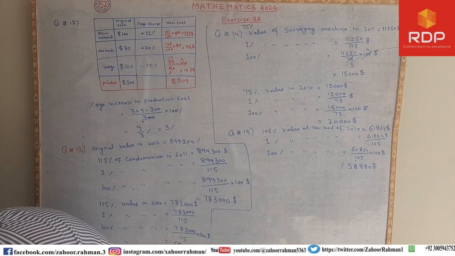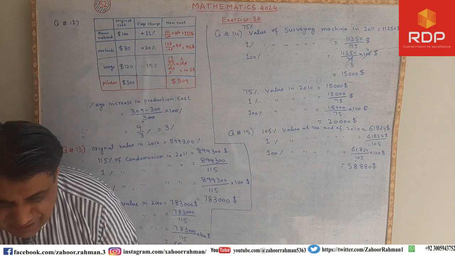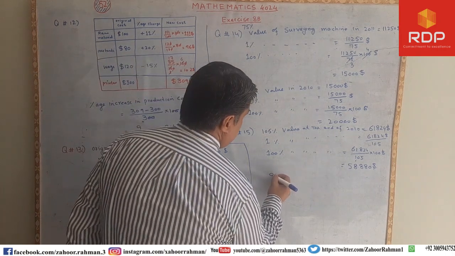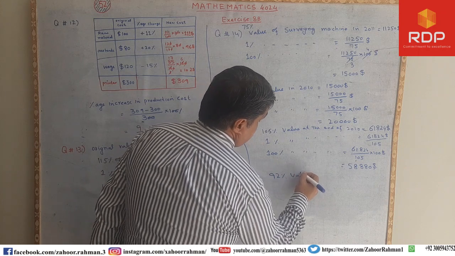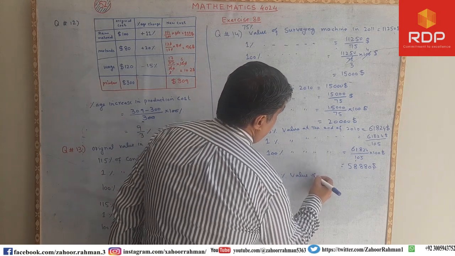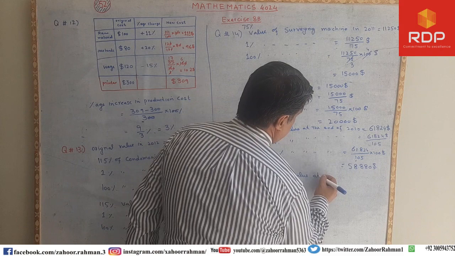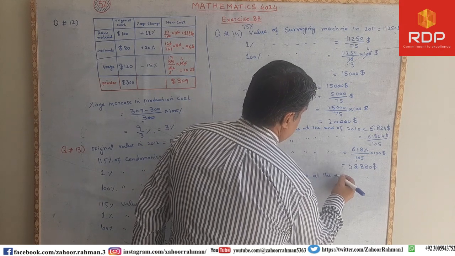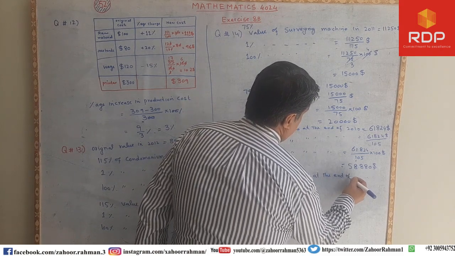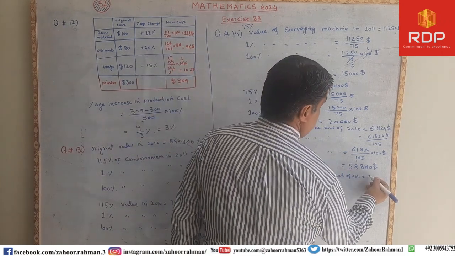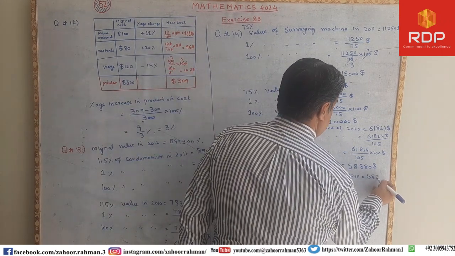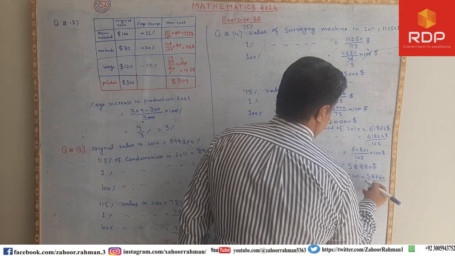So it is saying that 92%, because of the 8% decrease, the 92% value at the end of 2011 is equal to this one, 58,880.